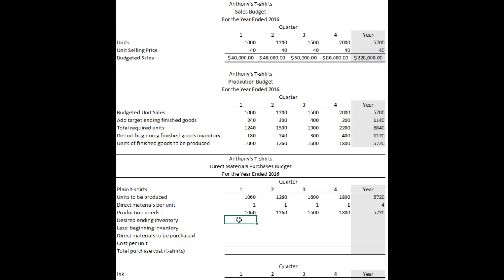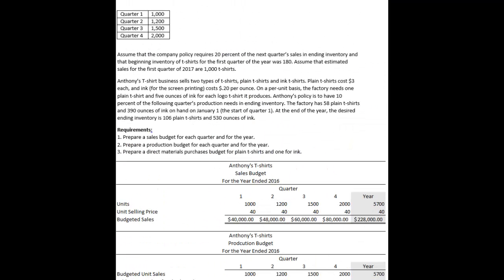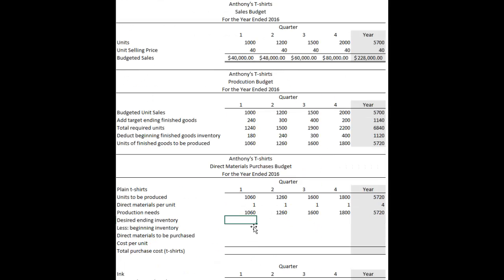And so we're going to look for the desired ending inventory based on what the company thinks they want to have, and that's buried in this paragraph right here. We're told that their policy is to have 10% of the following quarter's production needs in ending inventory. Production needs, remember, is this number here, and we want to have 10% of the following quarter's production needs on hand. So we want to have more t-shirts by this many.